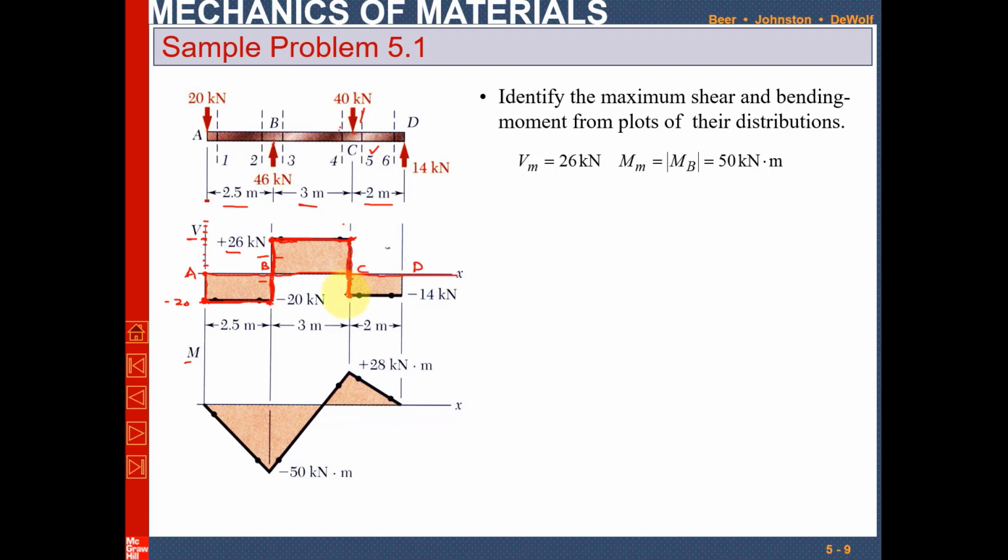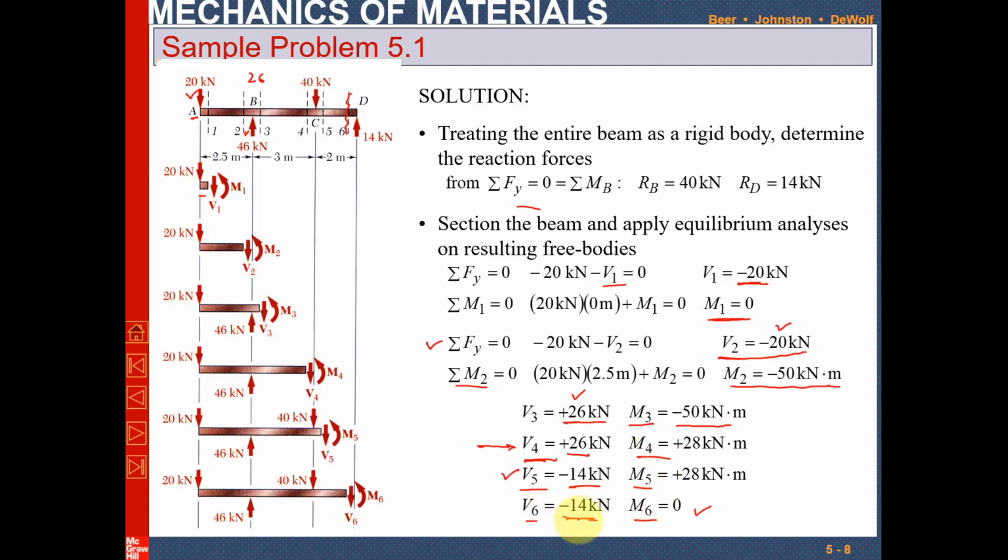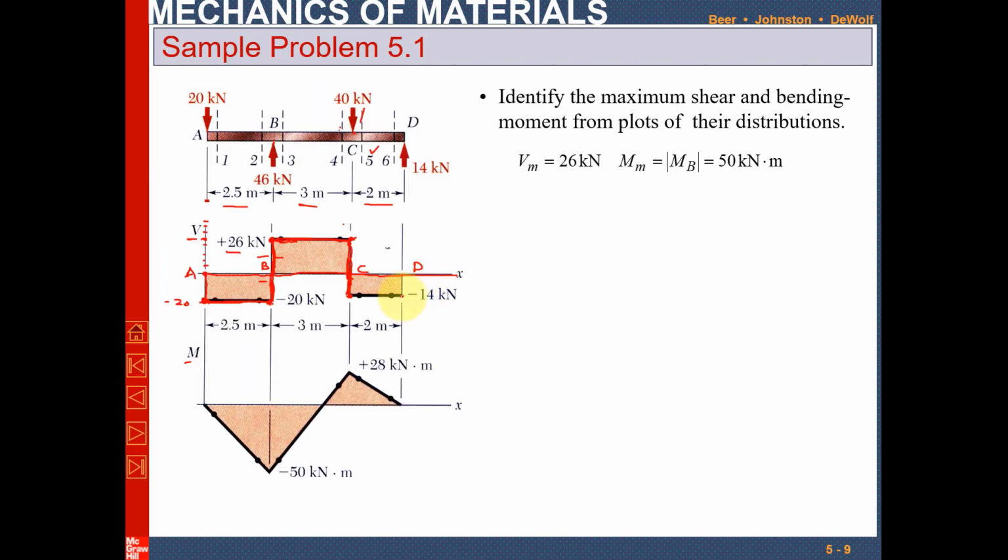That is why it is minus 14. Similarly at section 6 it is also minus 14. So if you join it, this will give you the shear force. This is how we draw the shear force diagram.